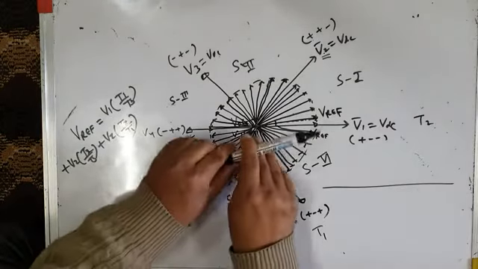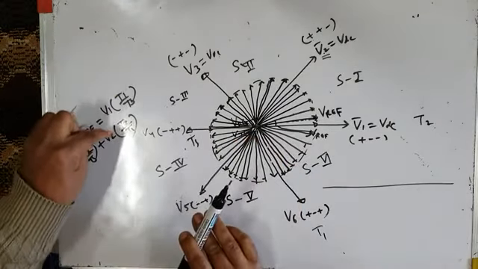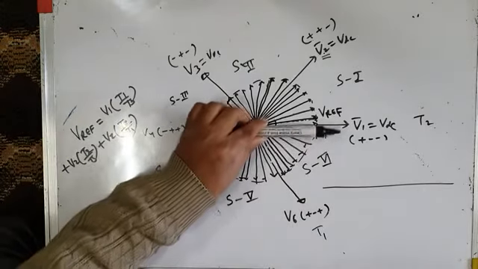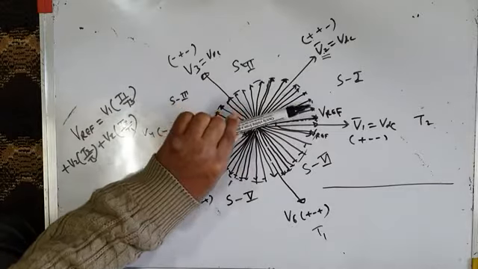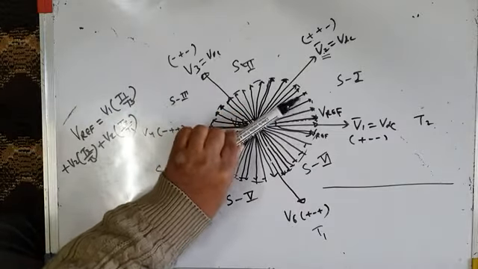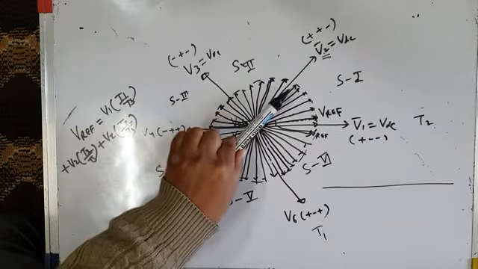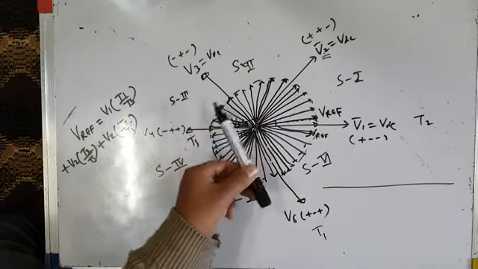As alpha increases, T1 decreases and T2 increases, so one voltage vector is applied for less time and the other for more time, and that pulls it and makes it rotate in a circular path like this in this sector, and then in other sectors also.